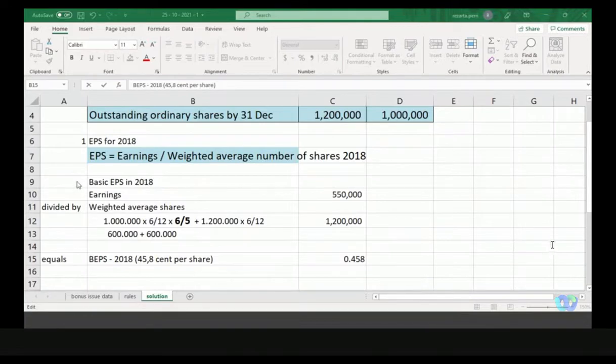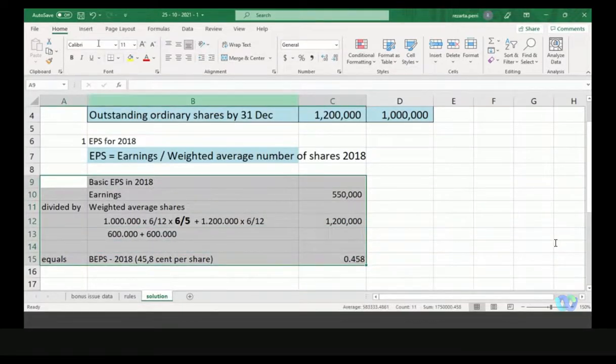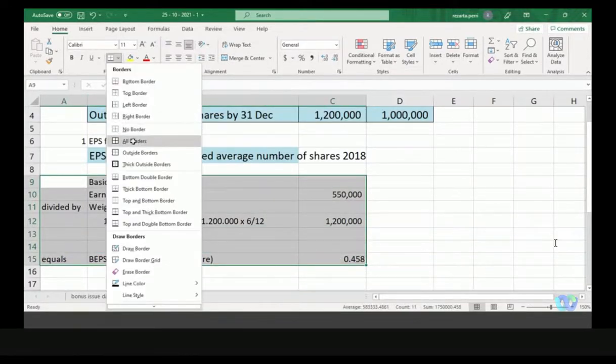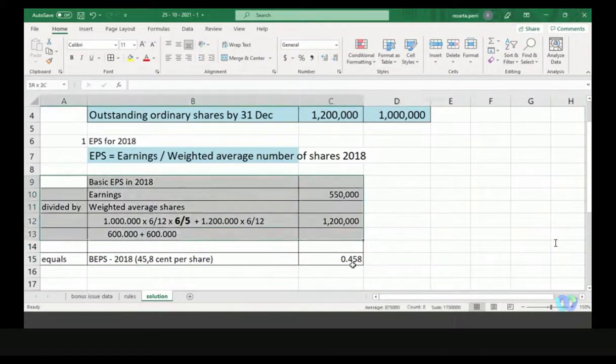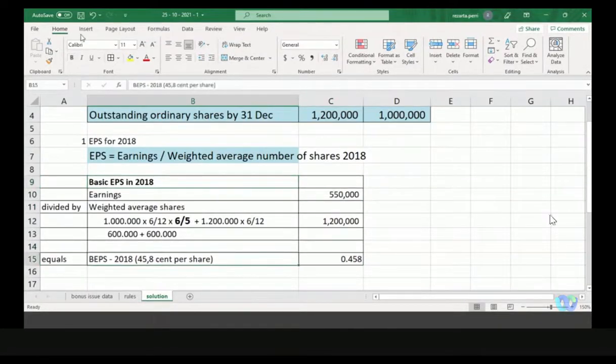Okay, so let's have this as a simple table that we can use for further calculations as well. Remember, you can use this also later in calculating earnings per share, be it basic or diluted. Again, it's a simple table that calculates the two components of the ratio. The numerator is the earnings amount, and the denominator is the weighted average number of shares.